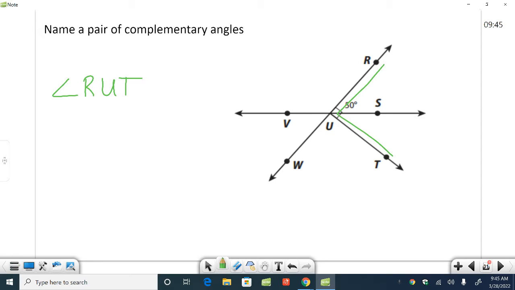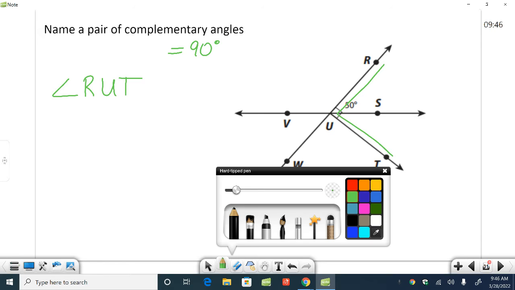Yeah, we got to think about what does complementary mean. It has to equal 90 degrees. It's two angles that equal 90 degrees. So is RUT part of two angles? Charlie. BUT, no. Aiden? SUT.